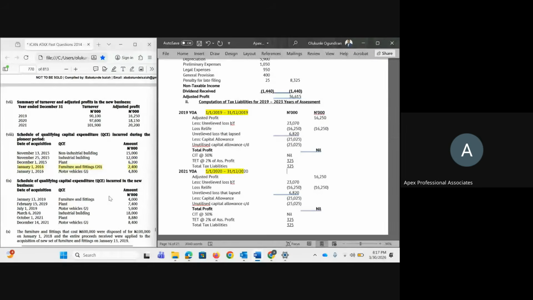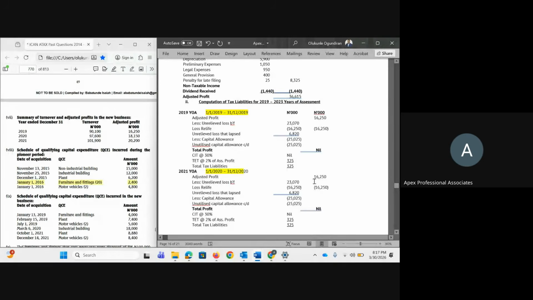So what's the adjusted profit? It's 18,150. Obviously, there's no loss relief again because the loss relief has lapsed in law.